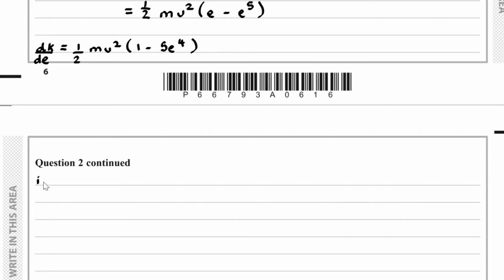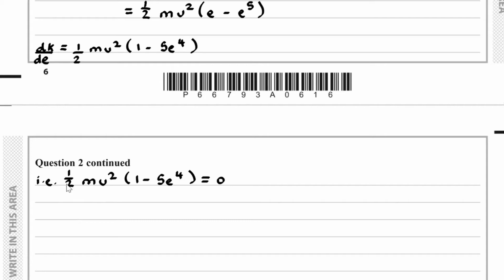So in other words, we're going to set the result here equal to 0. We've got 1/2 m u squared lots of 1 minus 5e to the power of 4 equals 0.